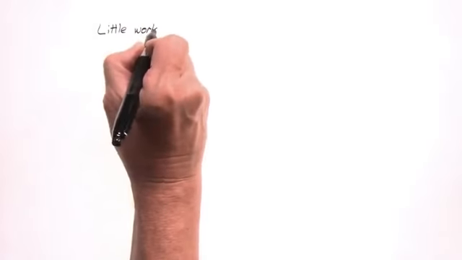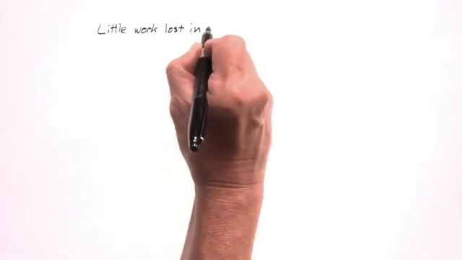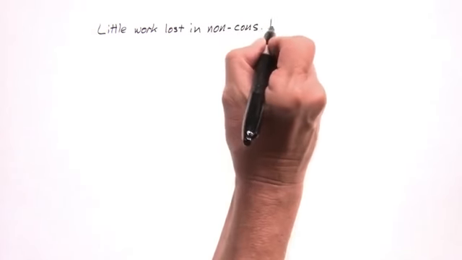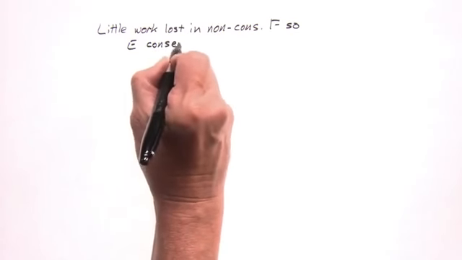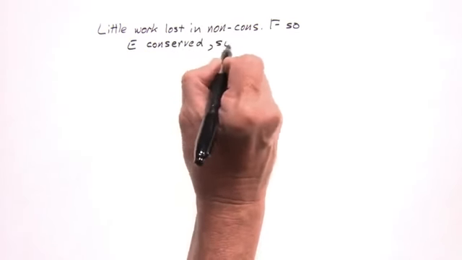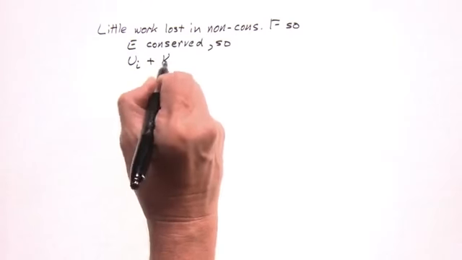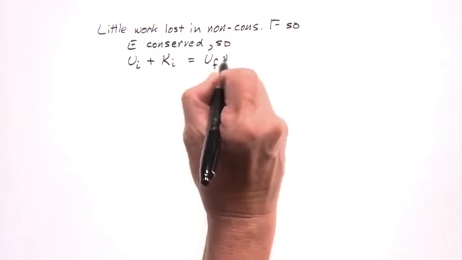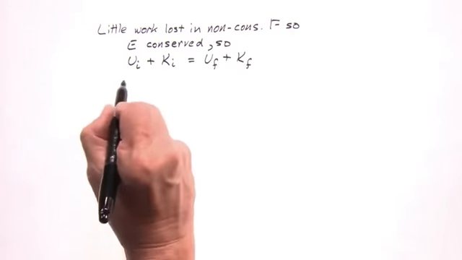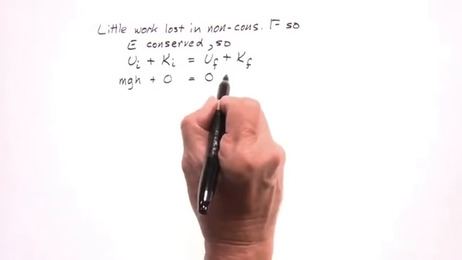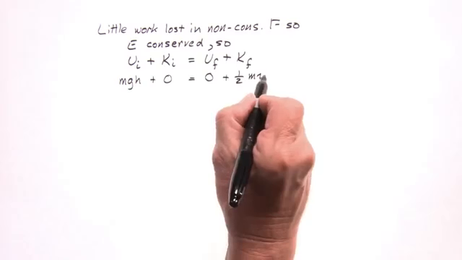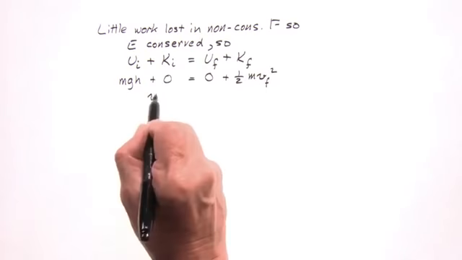Let's assume that the wheels turn freely, so little work is lost in non-conservative forces, therefore mechanical energy is approximately conserved. We write that U initial plus K initial equals U final plus K final. Initially, U is mgh and K is 0. Finally, U is 0 and K is a half m v final squared.